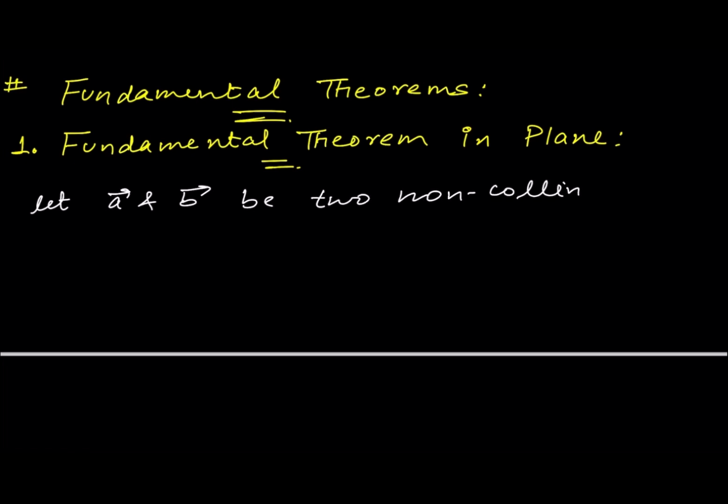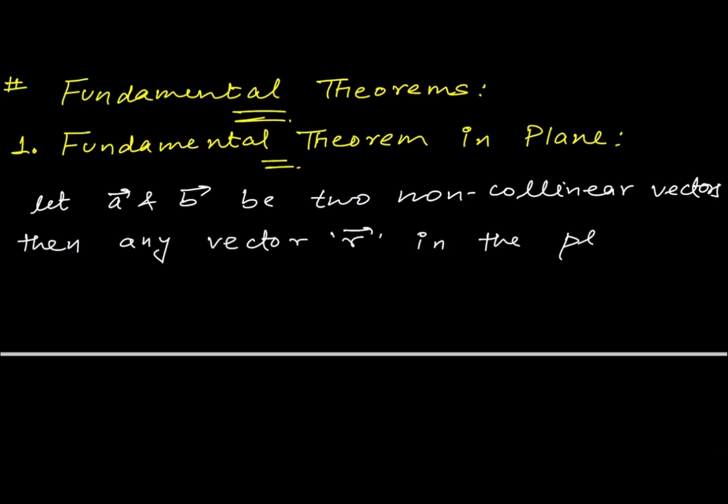In this we will write: let A vector and B vector be two non-collinear vectors, then any vector R in the plane of A and B, means A vector, B vector and R vector are coplanar vectors.